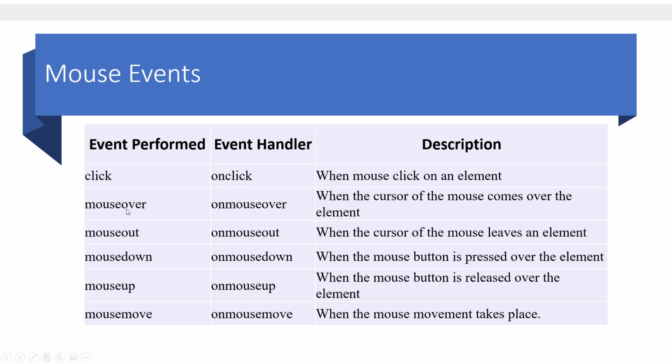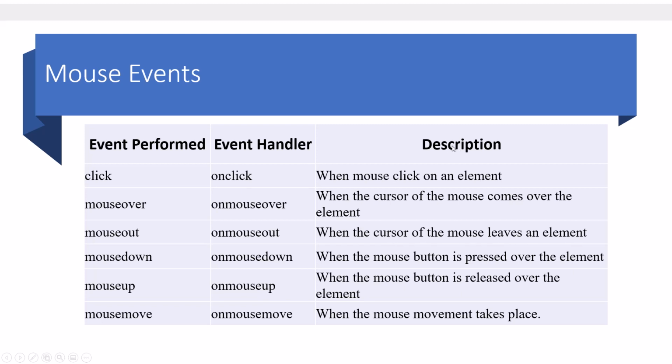The next is mouseover. onmouseover is the event handler for this event, used when the cursor of the mouse comes over an element. This is the cursor of my mouse which I am using. Whenever I move it over some element, this event is called mouseover. Then the next event is mouseout. onmouseout is the event handler, used when the cursor of the mouse leaves an element.